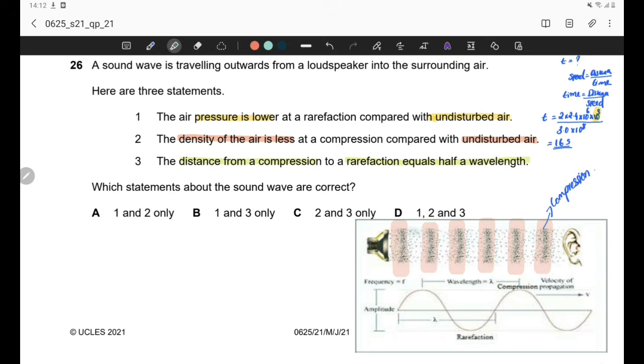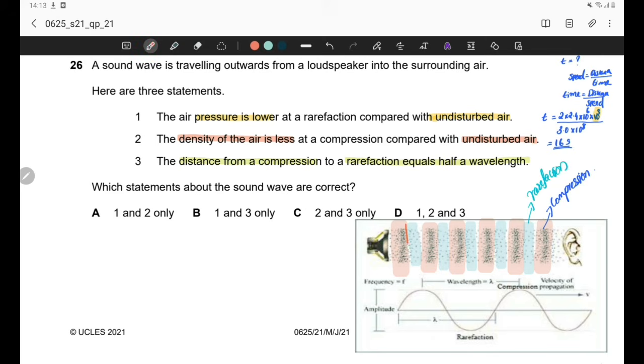And you can see there are some spaces where the particles are far apart, and these places are known as rarefactions. So we have compressions and rarefactions in a sound wave.